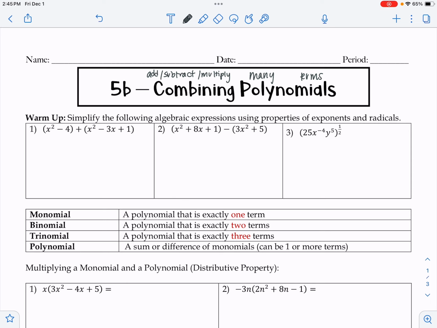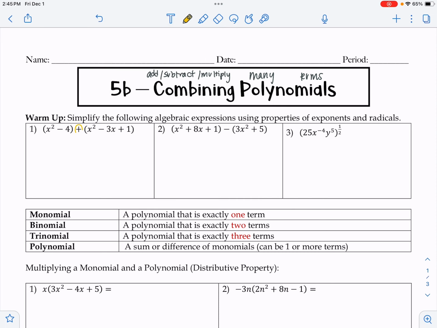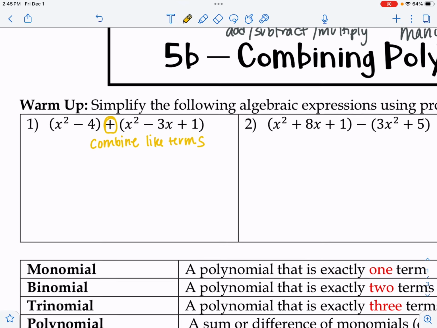or multiplying. And so in the case of this first problem, this is a bit of a review from Unit 1. This is adding. And so when there's a plus sign between the parentheses, that just means combine them or add them. And we can only add like terms. So combine like terms.